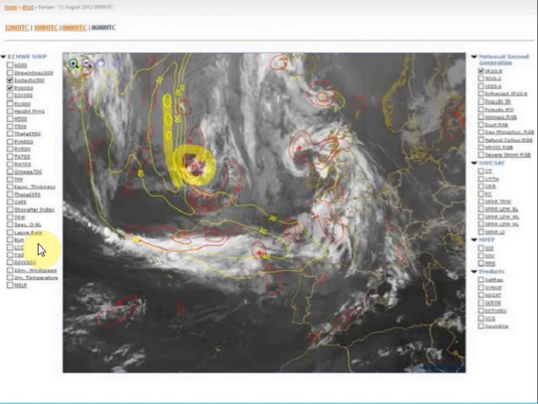So you have definitely some development going on here behind the cold front. I would say some cold air development in this region, which, as you will see, gets more pronounced in the afternoon.